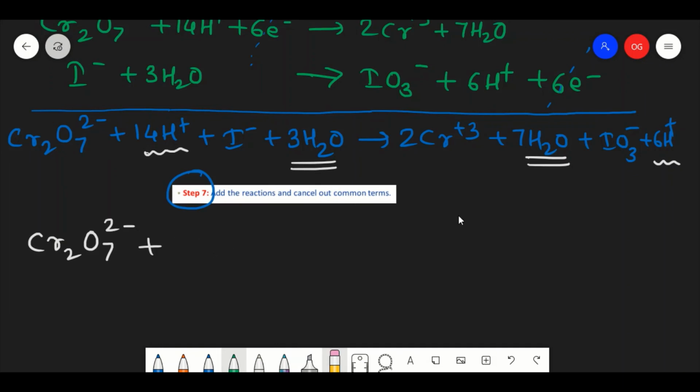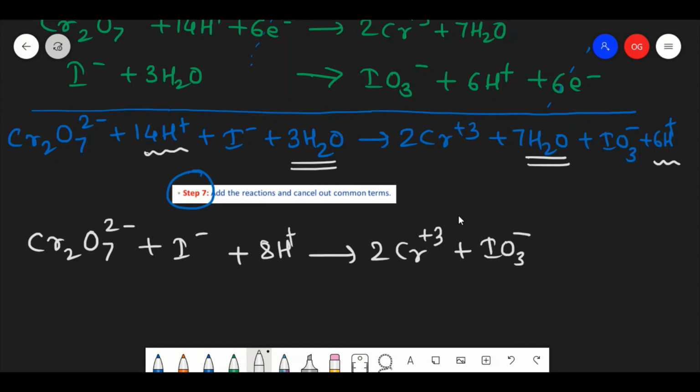So that will be I- plus 8H+ plus 2Cr3+ plus 3IO3- plus 4H2O. So this is the balanced equation.